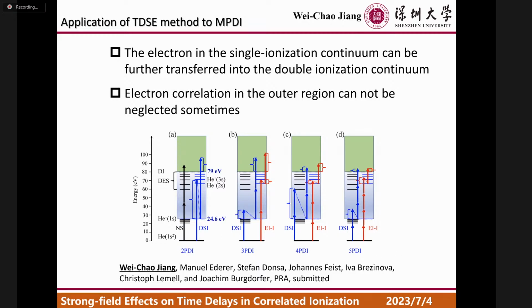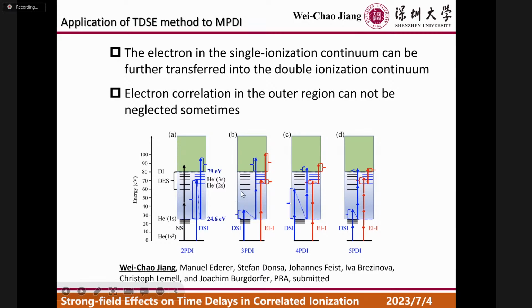Actually, when the photon number is increased, a lot of sequential ionization paths will open. By absorbing some photons, the first electron can be ionized, leaving the next electron in the bound state of helium plus. Alternatively, the bound electron can be excited into the first excited state, for example the 2p state, instead of staying in the ground state.